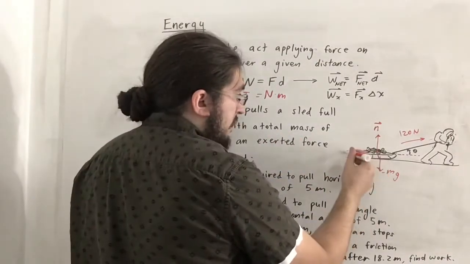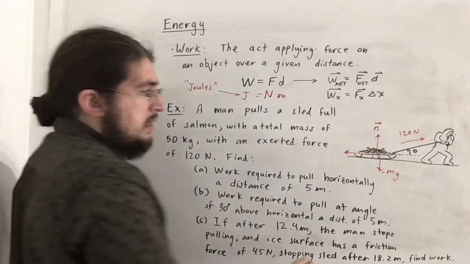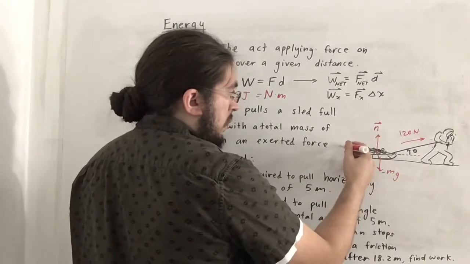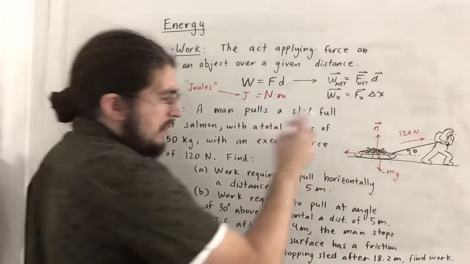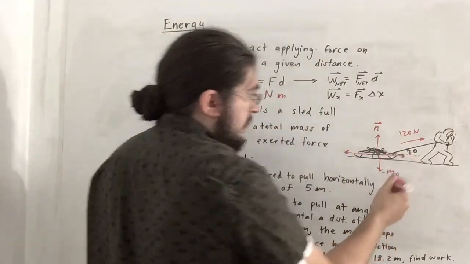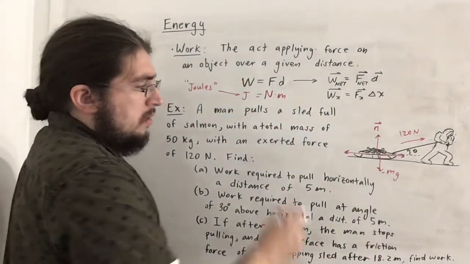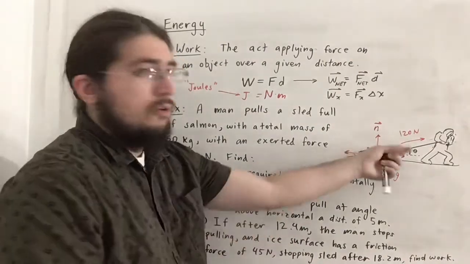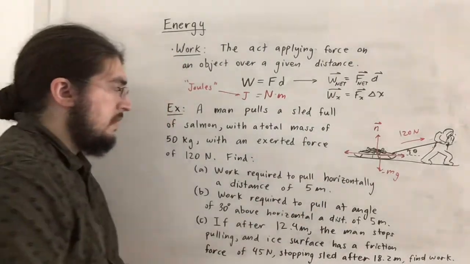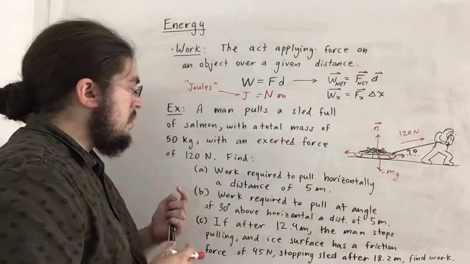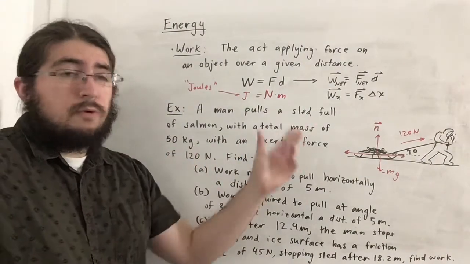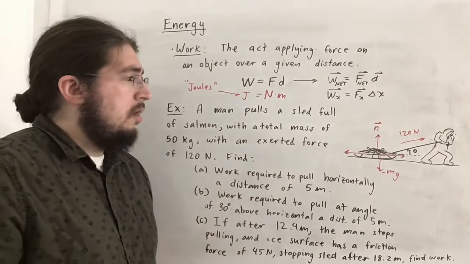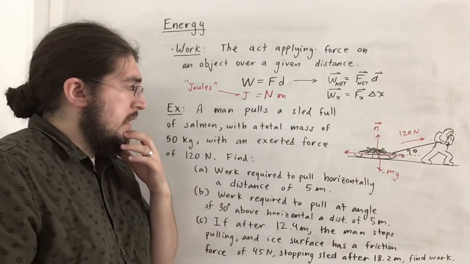Then we have the resistant forces or friction forces, which we could call F sub k, but I'm not even going to label that. And then we have the exerted force. So the net force here would just be this force minus all resistant forces. But we're going to assume that this total exerted force already accounts for all of the friction.